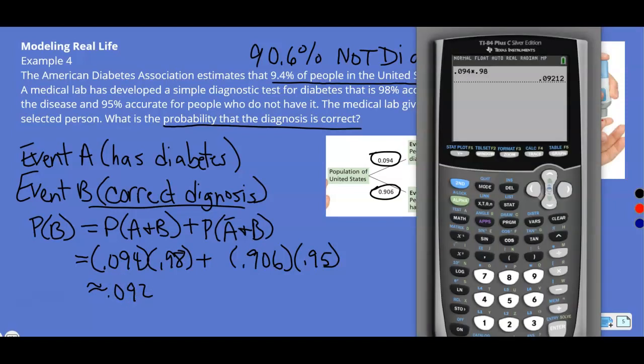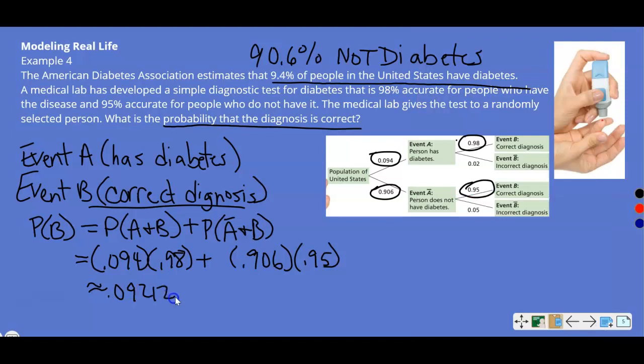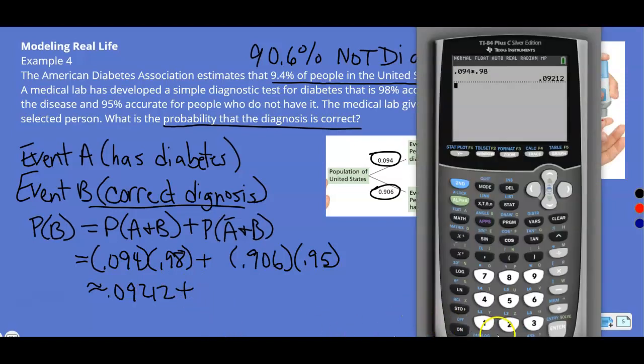And I'm going to go ahead and write all of it out, just to keep it a little bit more accurate. And then we've got 0.906 times 95% accurate. And that's going to be 0.8607.